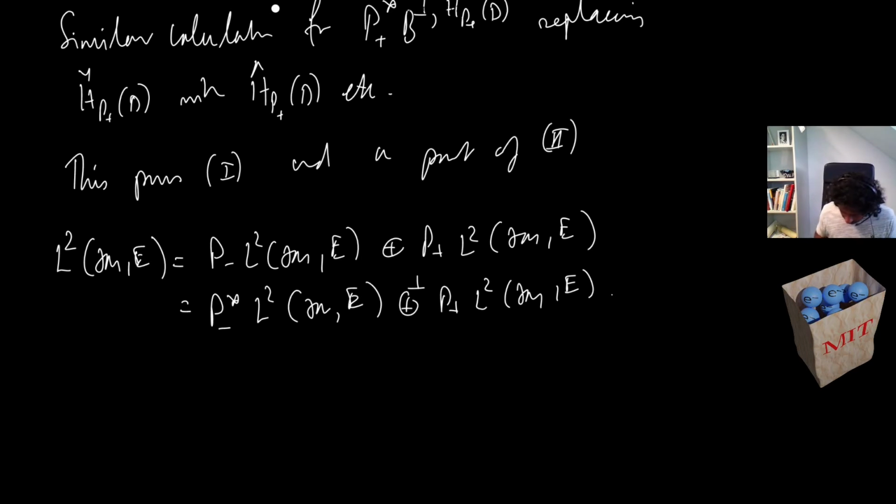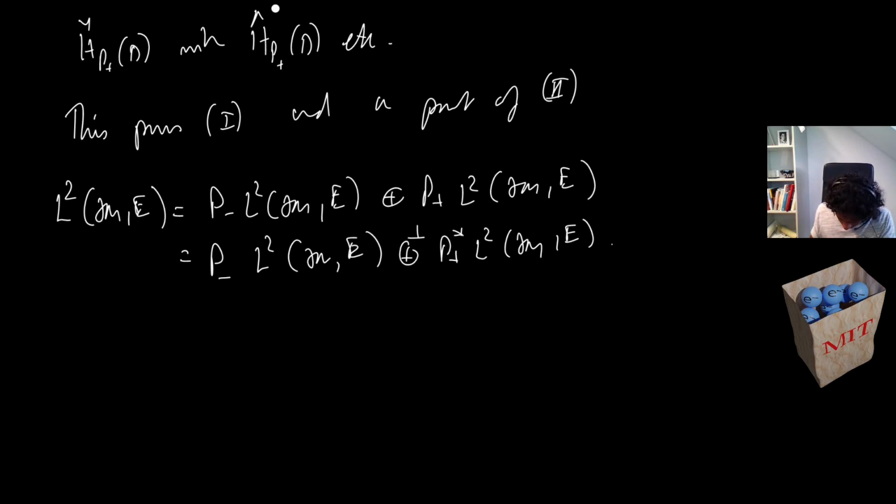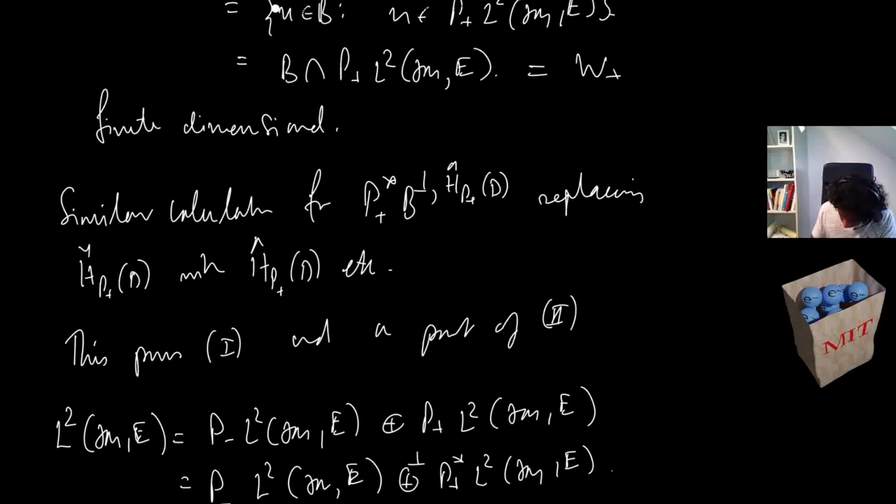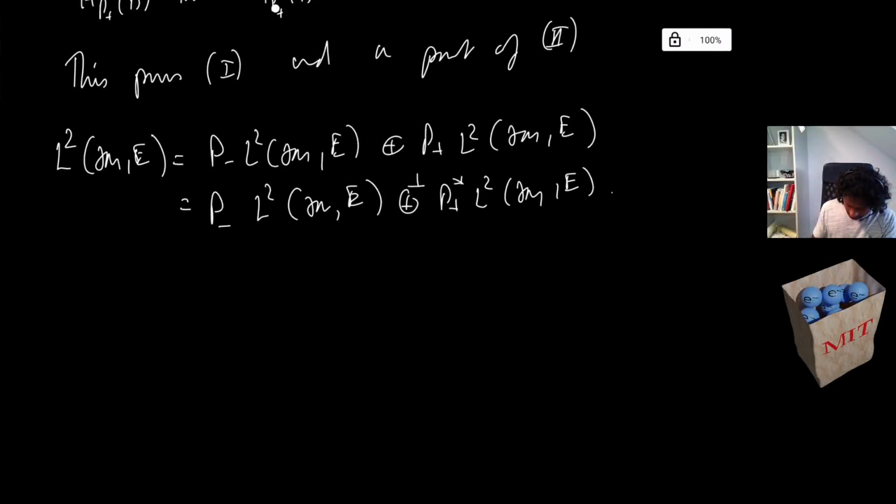Maybe I should have done it the other way around. Let me see, what do I want to do? What did we construct? We have W plus. We want to push. Yes. Okay.